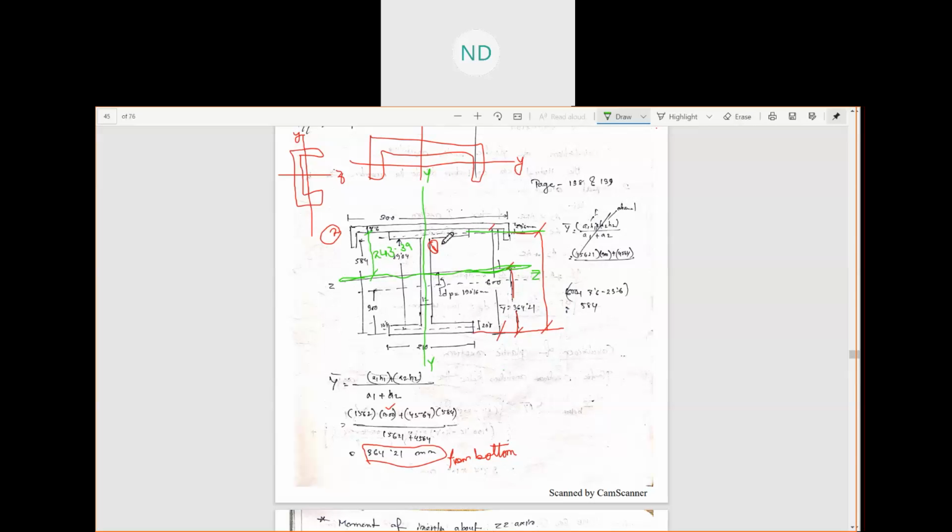So now we need this distance from here to here.